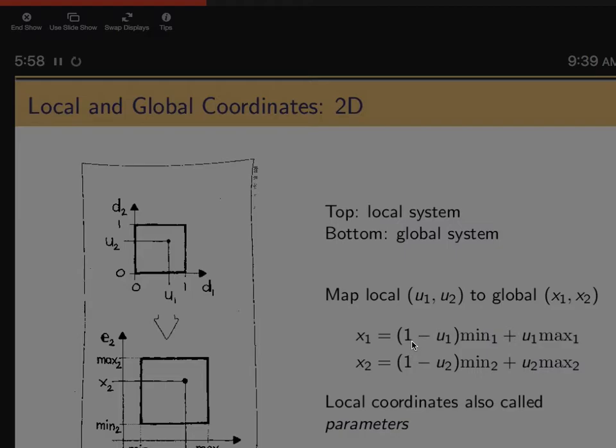Well, I take (1 minus u1) times min1, plus u1 times max1. The reason is that I'm scaling this up: I'm looking at how much of the max do I use, that's this piece here, and how much of the min do I use, that's the piece I get here. And that gives me x1. The same is true for x2.